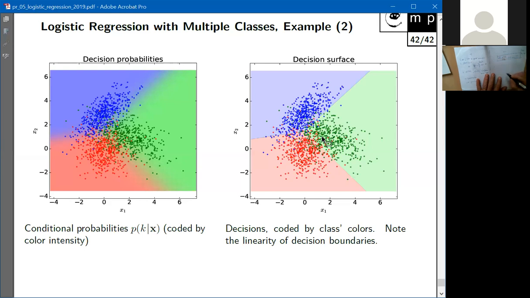We are actually minimizing what's called cross entropy, but it's like maximum likelihood of the data of p k x, or actually p k given x.